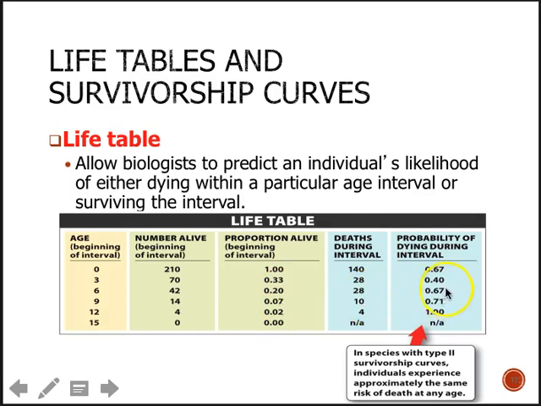Another 28 deaths go by, which gives us a 67% chance of dying. Again, just following through here, you can see the pattern. And this life table is giving you a clue about my next slide. It's talking about the survivorship curve called the type 2 survivorship curve. Let's just move on to that so you can see what I'm talking about.